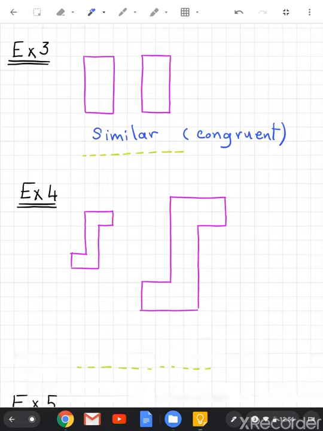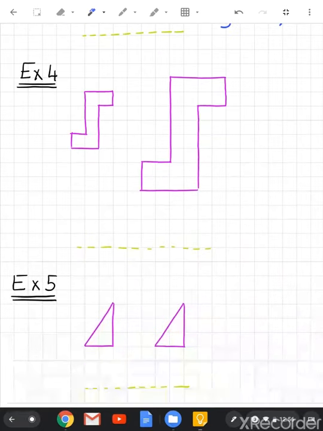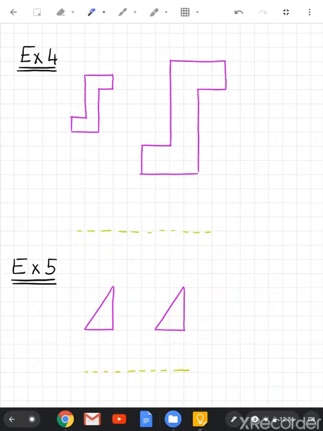In example number 4, let us see what we have. We have two different sizes of the same shape. The two shapes are the same, but they are different in size. So are they similar?